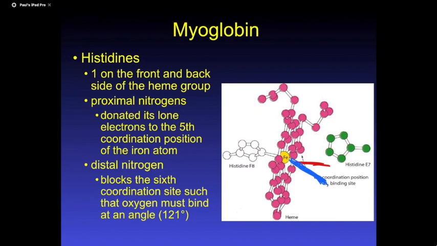Why is that important? If you overlap the electrons directly in a 90 degree bonding, oxygen would bind stronger to the iron. It would actually bind so strong that when it binds to the iron in the lungs and when you get down to the big toe where oxygen needs to be, if it bound directly straight, it wouldn't let go.